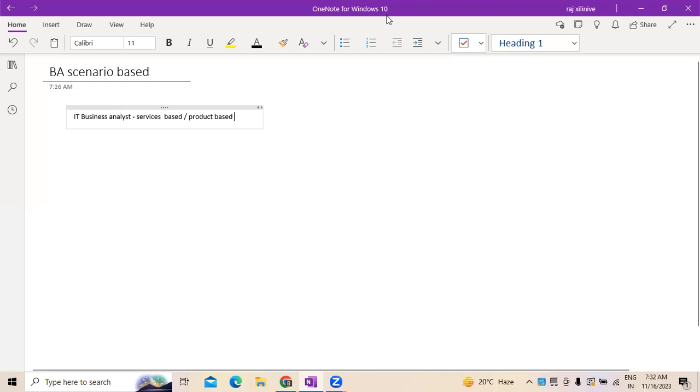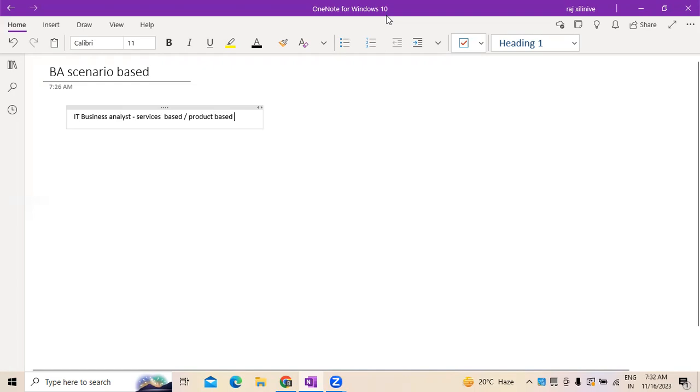At the same time, there are product-based companies. An example I'm giving: SAP, Salesforce, MuleSoft, ServiceNow. These are companies with their own products.